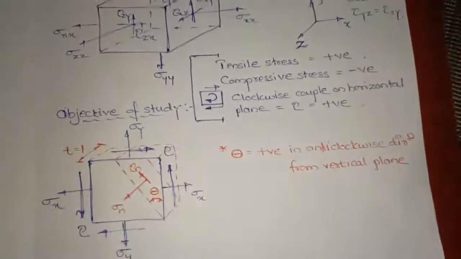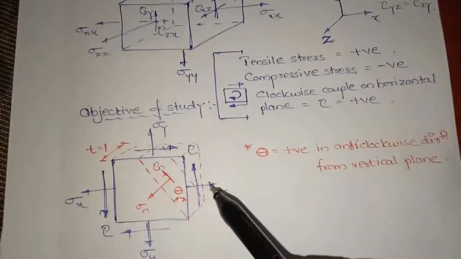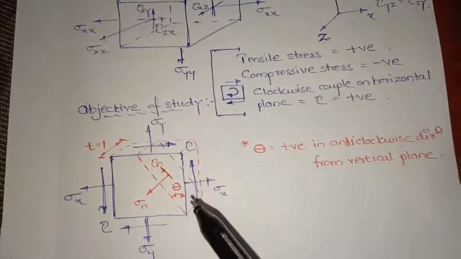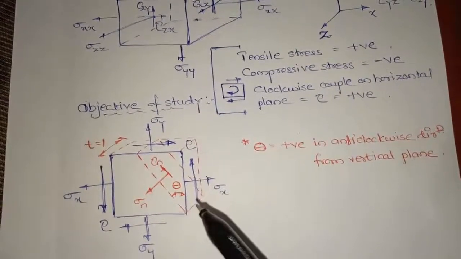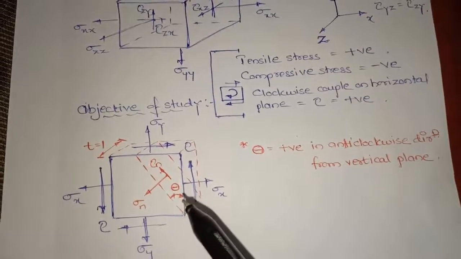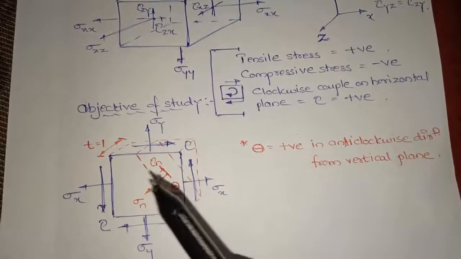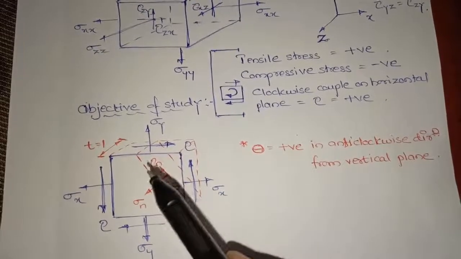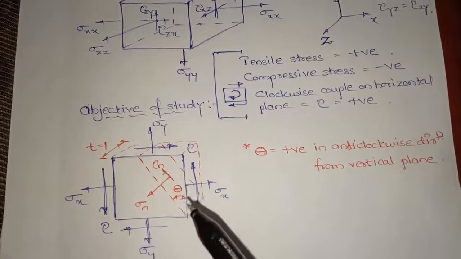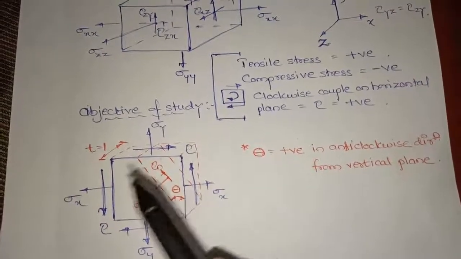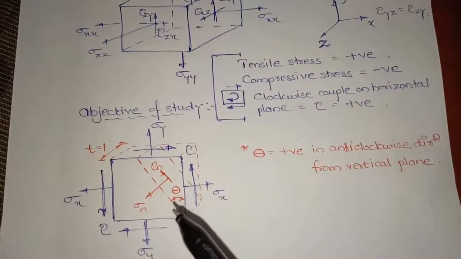Now, because of this stress system, that is sigma x, sigma y and tau acting on this element, we are interested in finding the stresses normal to a plane and tangential to a plane, if a plane inside the material, inside this body, is at any angle theta.